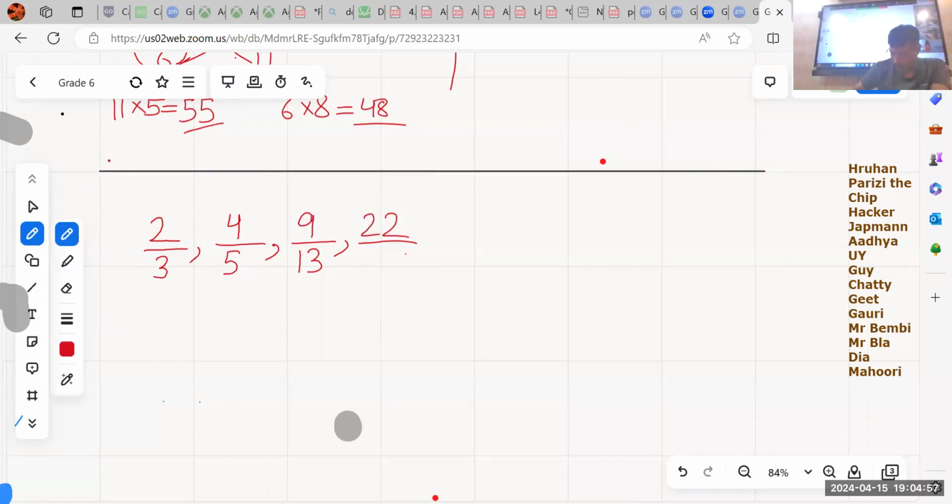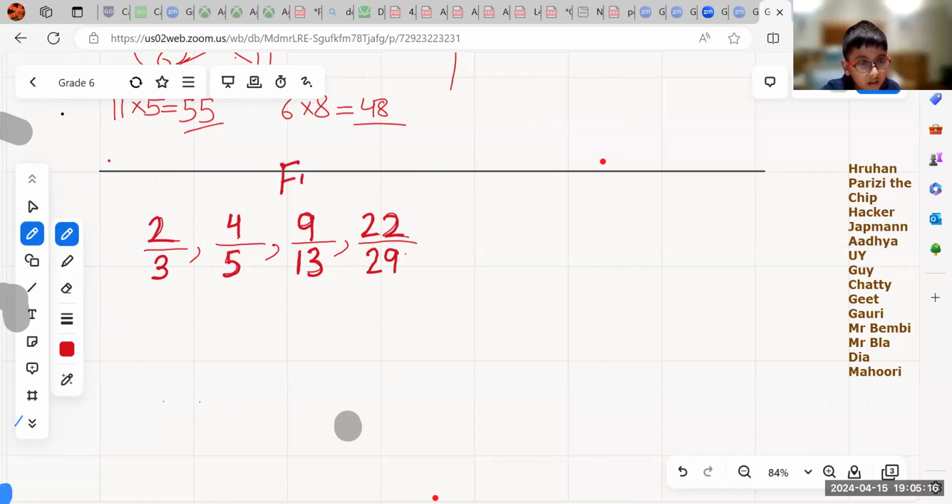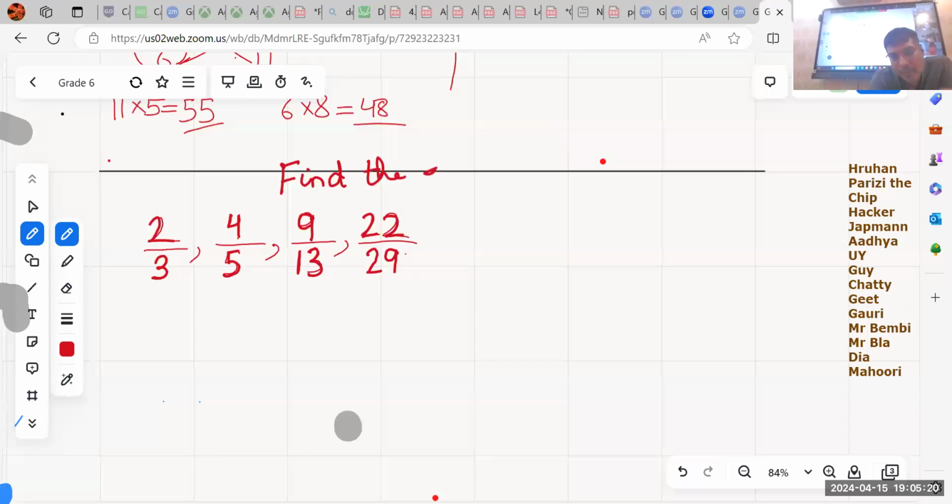I'm not saying you to make the denominator same. You can use any method, but it should be simple. You can use a combination. The question is find the greatest.